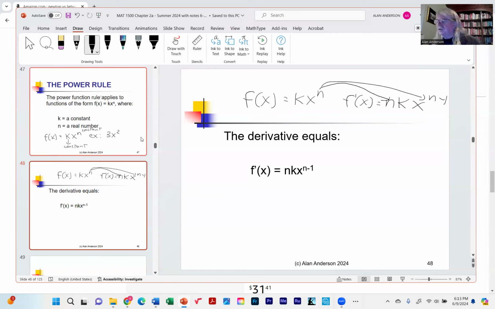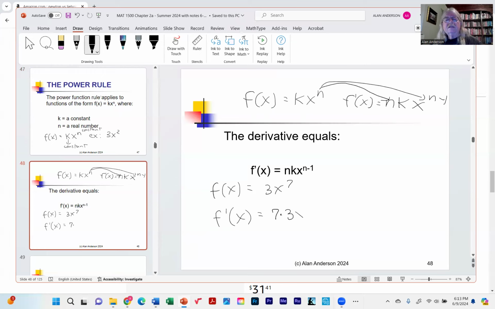So as a quick example of this, if I have 3x to the 7th power, I'm going to have 7 times 3x to the 6th power, because n is 7 and k is 3.